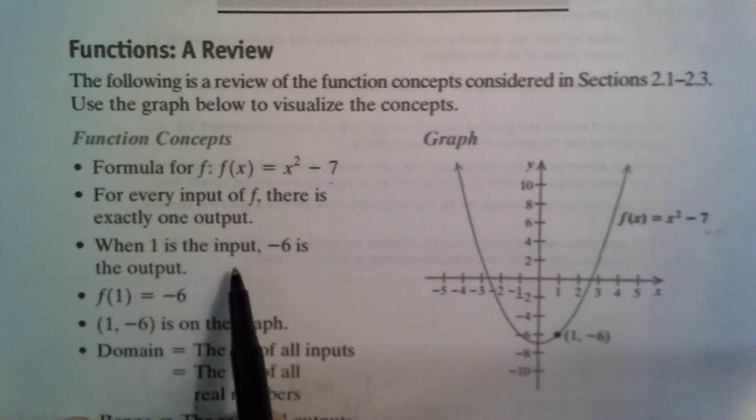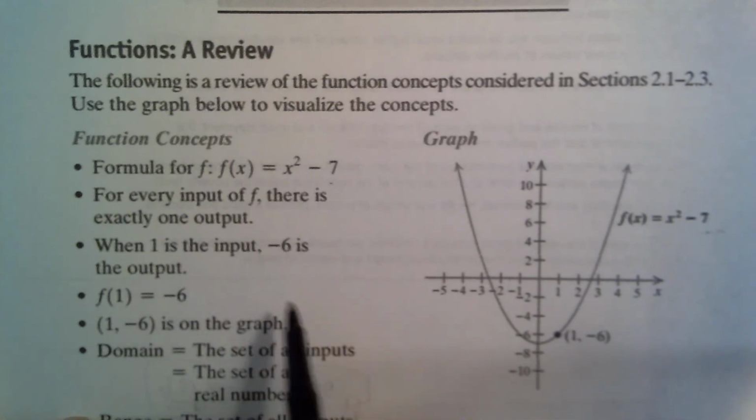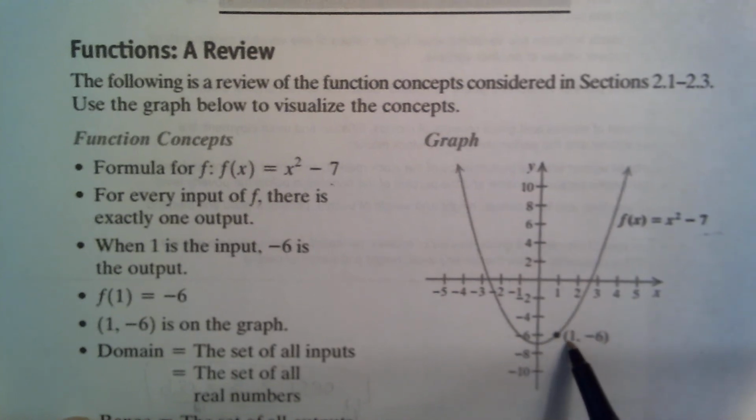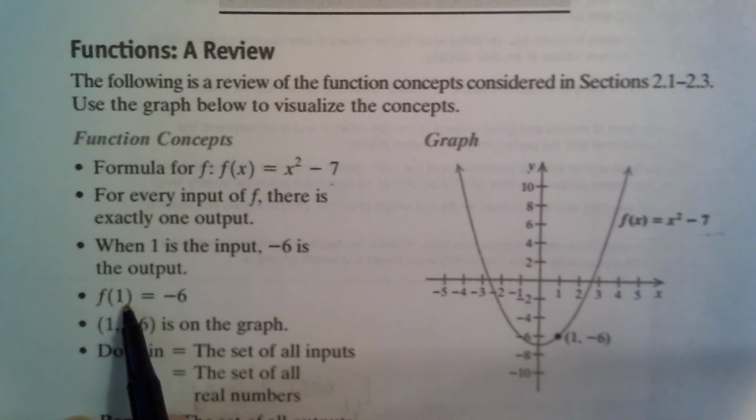When 1 is the input, minus 6 is the output. Here's the example. 1, minus 6. It's on the graph. So we can say that f of 1 is equal to minus 6. The value of the function is minus 6 when x equals 1.